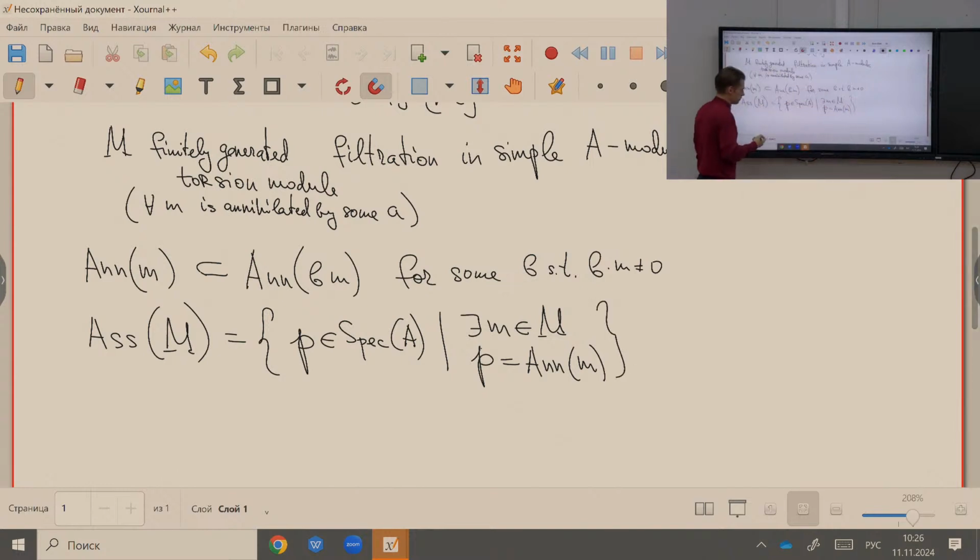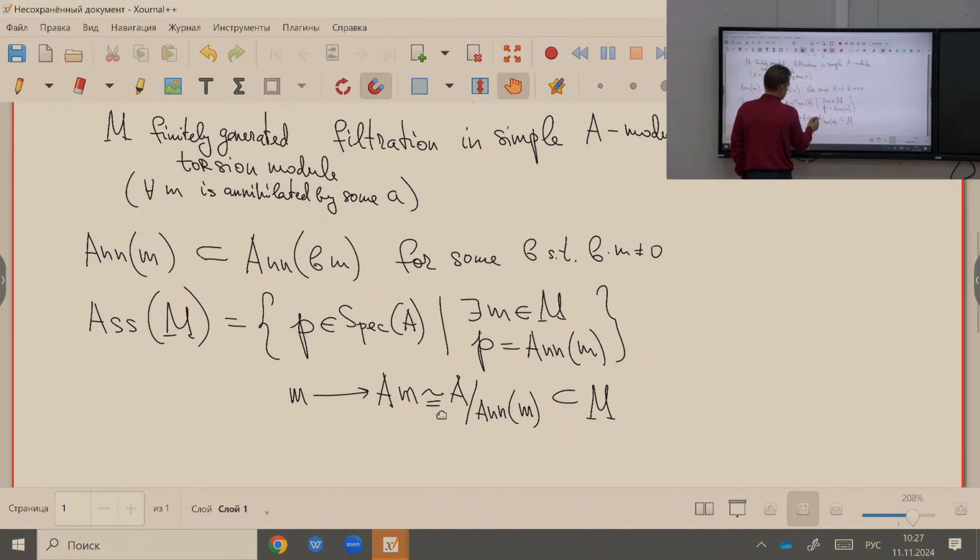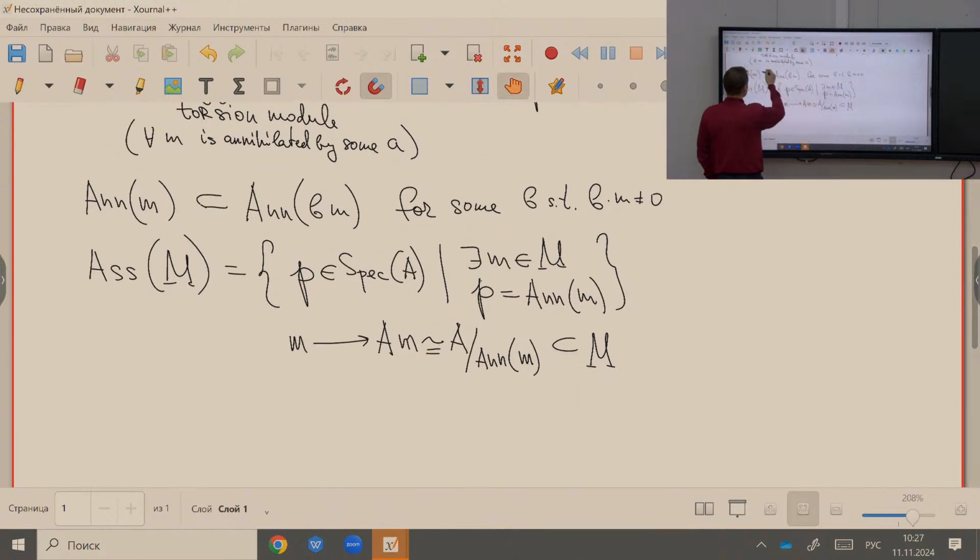In other words, if you take this m, then A times m is a submodule of M which is isomorphic to A modulo the annihilator of m. So this is now a submodule of M, and in the case that M is taken as in the theorem, the annihilator is P, so this is equivalent.